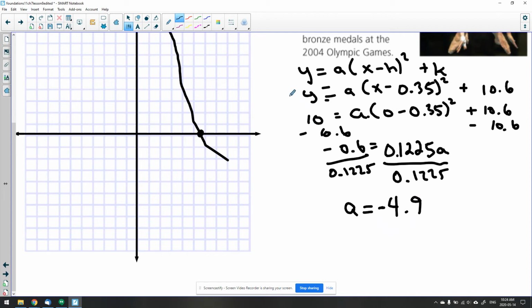So we plug that back into our equation right here. We get y is equal to negative 4.9 times (x minus 0.35) squared plus 10.6. I just want to draw a 6.